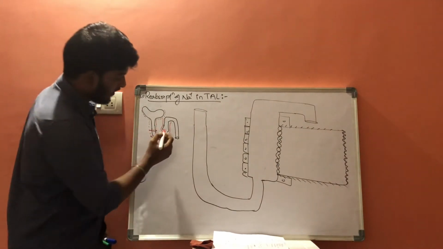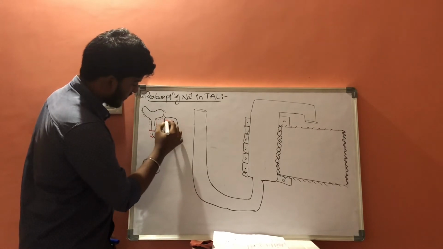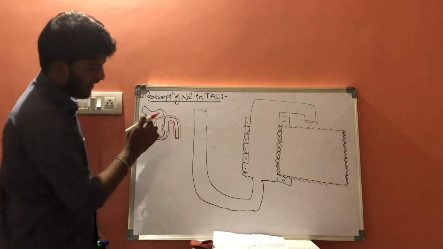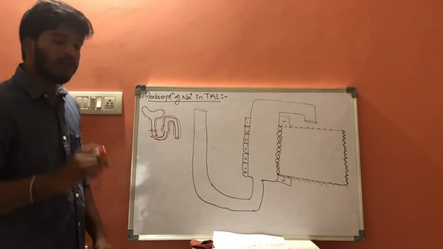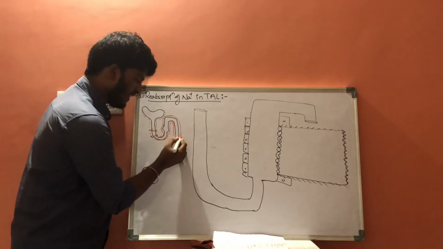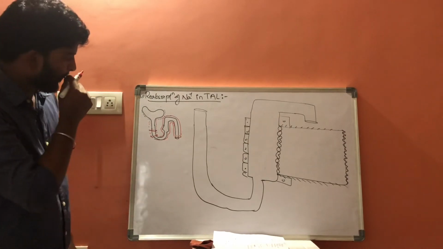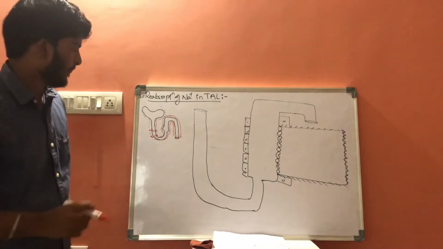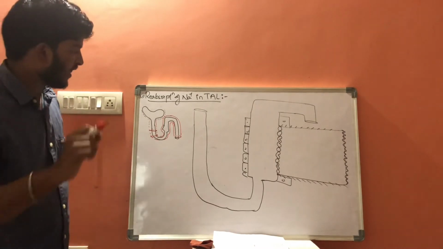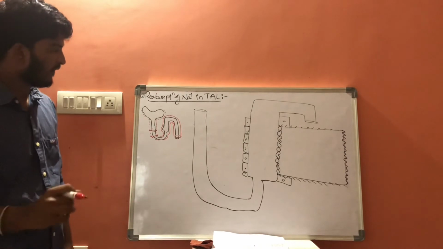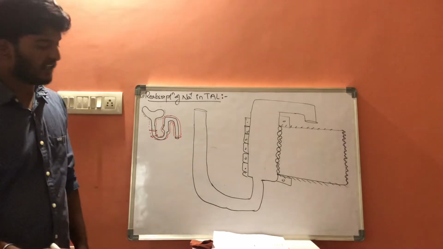Now coming further to the top, to this DCT and collecting duct, here in this area the permeability of water is mainly dependent on a special hormone called ADH, that is vasopressin.